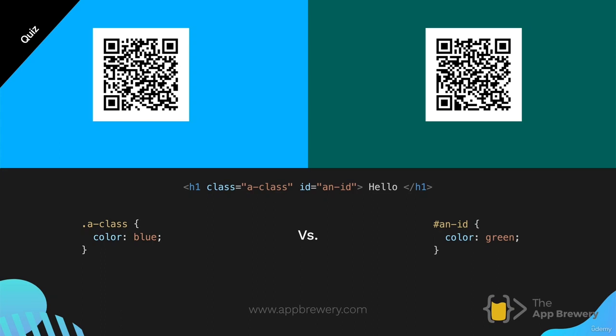Will it be blue or will it be green? And once you've made your selection, go ahead and use your QR code reader to scan the QR code that corresponds to your answer, blue or green, and then you will see a GIF to tell you whether you got it right or wrong. So you have 30 seconds starting now.